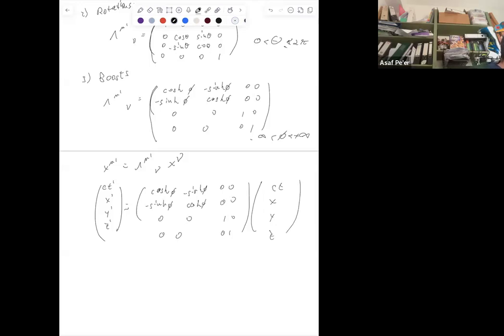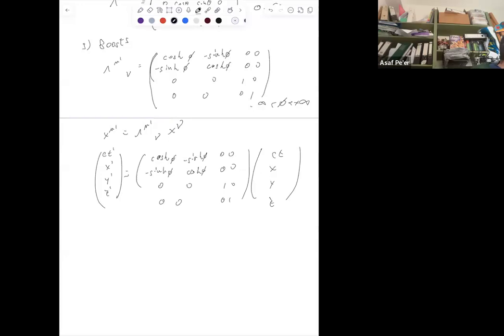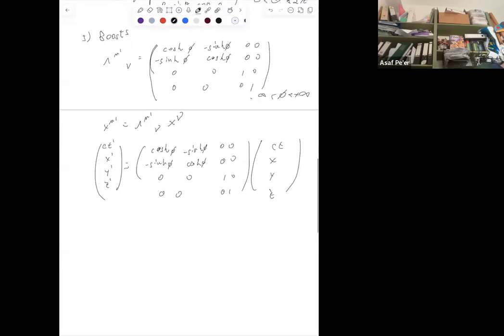We show that ct prime is equal to cosine hyperbolicus of phi ct minus x sine hyperbolicus of phi, and x prime is minus ct sine hyperbolicus of phi plus x cosine hyperbolicus of phi.